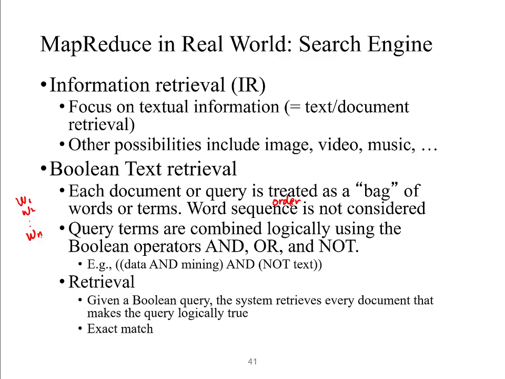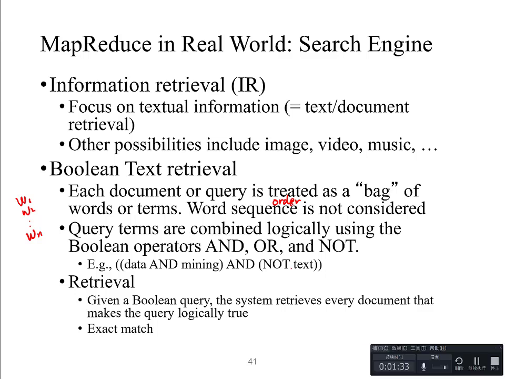For example, here the query is data and mining and not text, right? Which means this query wants to find those documents that have both data and mining, but do not have the word text.